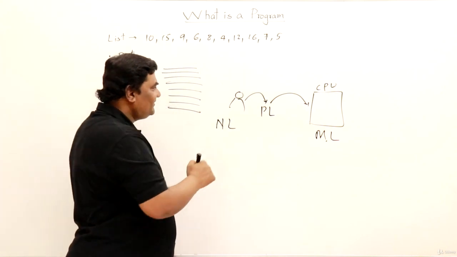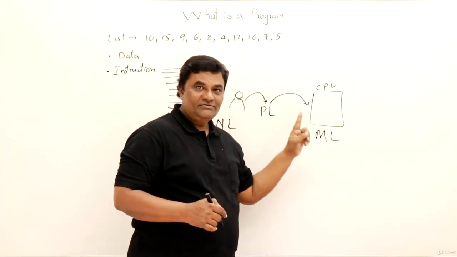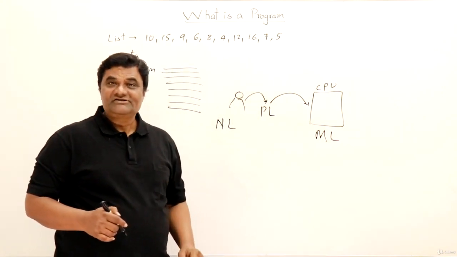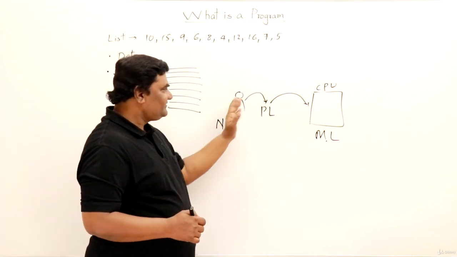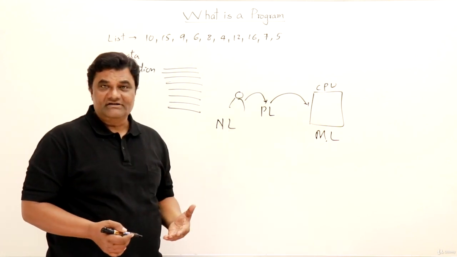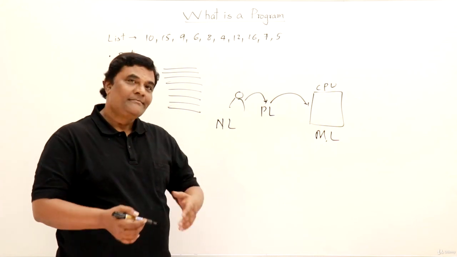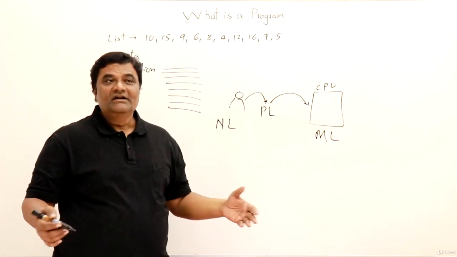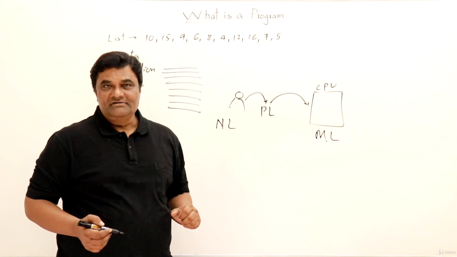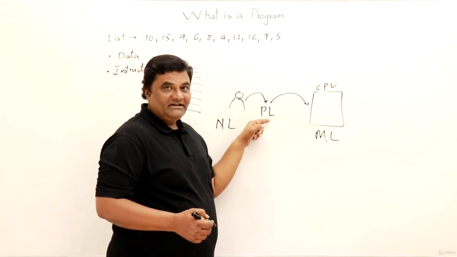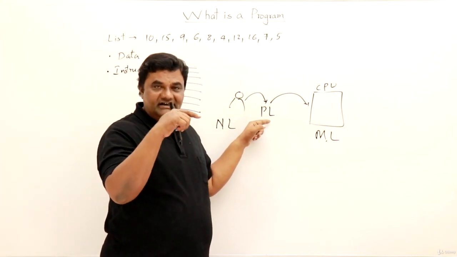So from natural language to programming language, then programming language to machine language, translation is done. This translation is not available, so we have to learn it, right? If that translation is available, then anybody can do programming. Just you say it, and it will become a program. So we have to learn a programming language and write our procedures in that language.